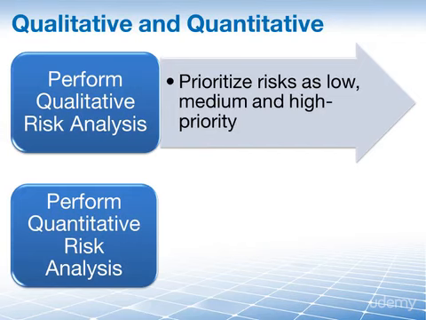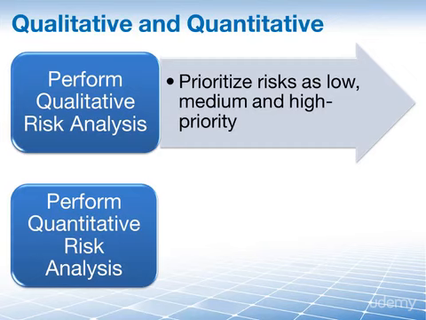You're actually assigning these three words to each risk. Risk 1 is low priority, risk 2 is medium priority, risk 3 is high priority, and so on.